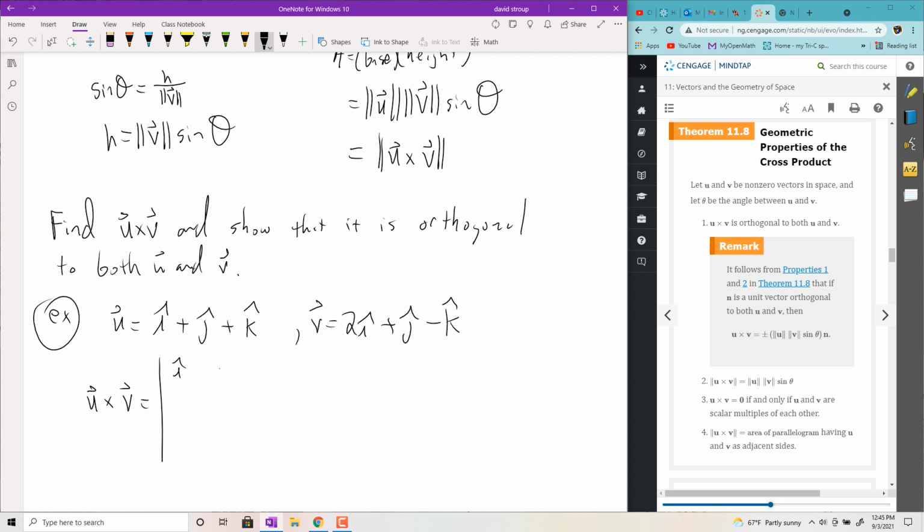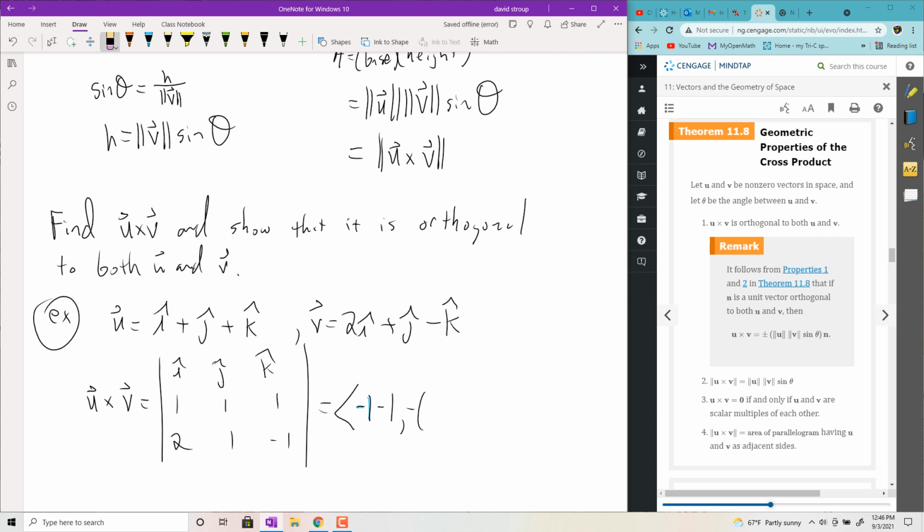Okay, so again, i, j, k. And I go 1, 1, 1, and then the other is 2, 1, negative 1. And then I just like using component notation. So the first determinant is the 1, 1, 1, negative 1. So 1 times negative 1 is negative 1, minus 1 times 1, which is 1. The next component, you always put a negative in front of it.